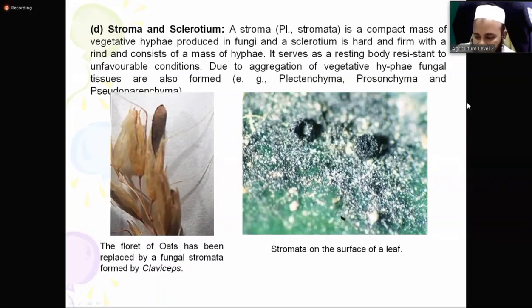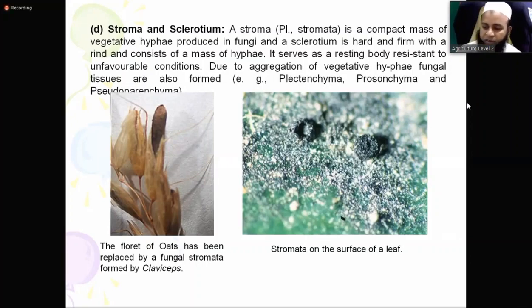They are special structures that fungi form in unfavorable conditions, when they cannot survive their normal life. In that case, they prepare some special structure called stroma and sclerotium.